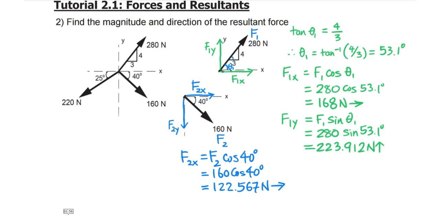F2y equals F2 sine 40 degrees equals 160 sine 40 degrees equals 102.846 Newton pointing downwards.